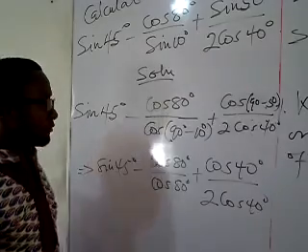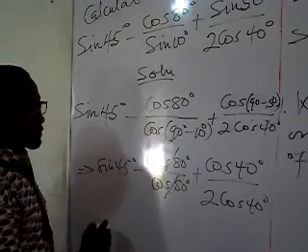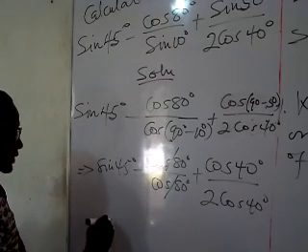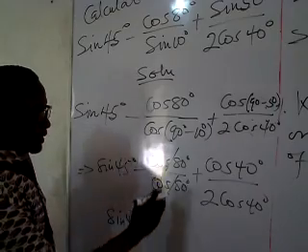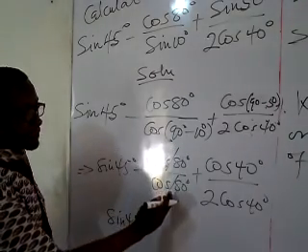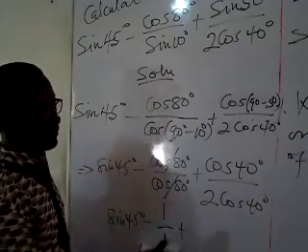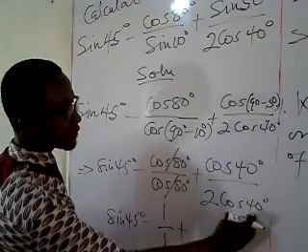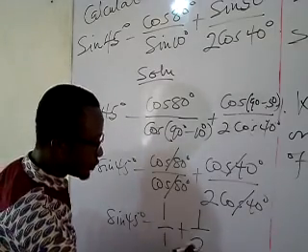Now you can do cancellation. Cos 80 will cancel cos 80. So you maintain sine 45 degrees minus, cos 80 cancels cos 80 will leave us 1 over 1 plus cos 40, which also cancels cos 40, leaving 1 over 2.